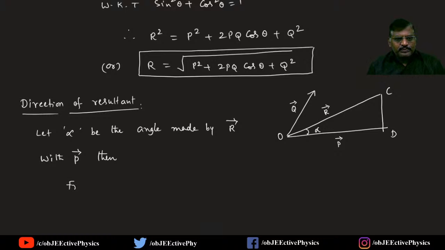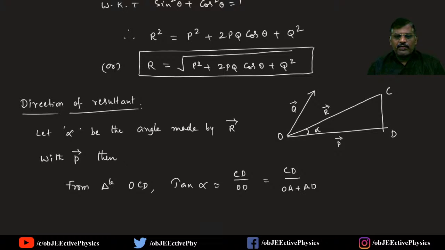So from triangle OCD, tan alpha is equal to CD divided by OD, or that is equal to CD divided by OA plus AD.